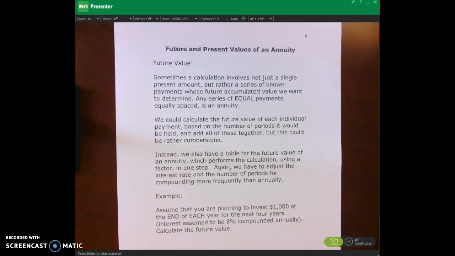Similarly, if I have $1,000 in year one, and then I skip year two, and then $1,000 in year three, and then $1,000 in year four, that's also not an annuity because it's not equally spaced out. I skipped a year. So that's also not an annuity. Okay, so it has to be equal cash flows, equally spaced out, to have an annuity situation.